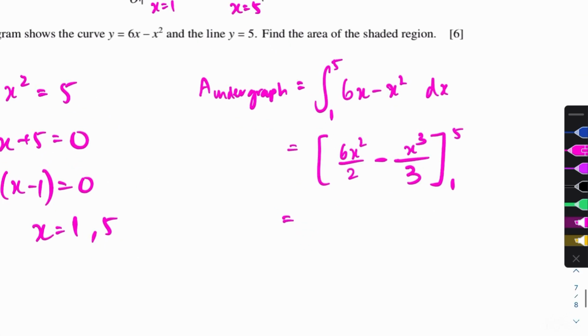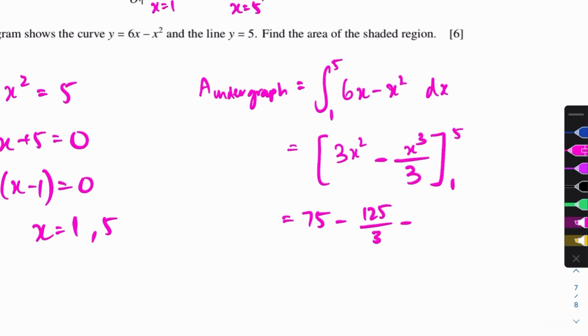So now we're going to substitute. I'm just going to change this 6 over 2 to a 3x squared because that will make it so much easier. We substitute the 5 in first. So 5 squared is 25, 3 times 25 is 75, minus 5 cubed is 125, so 125 divided by 3. I don't think we can simplify that, so I'm just going to write it like this.